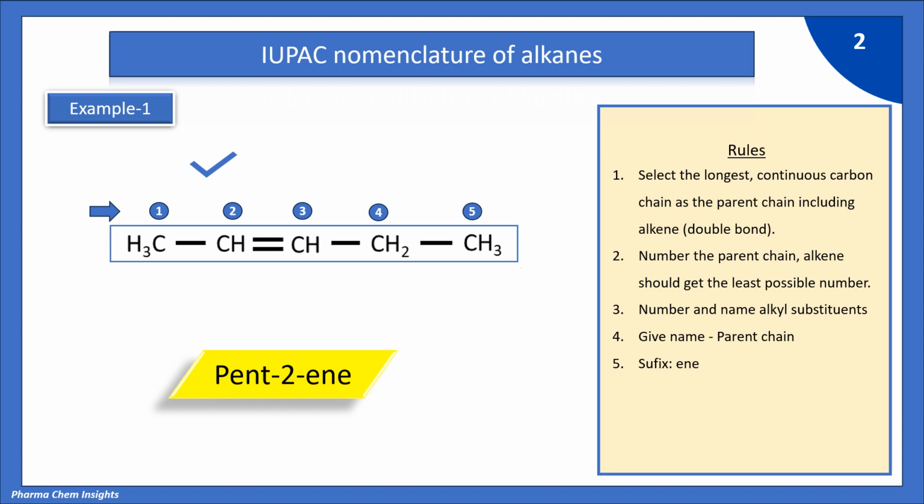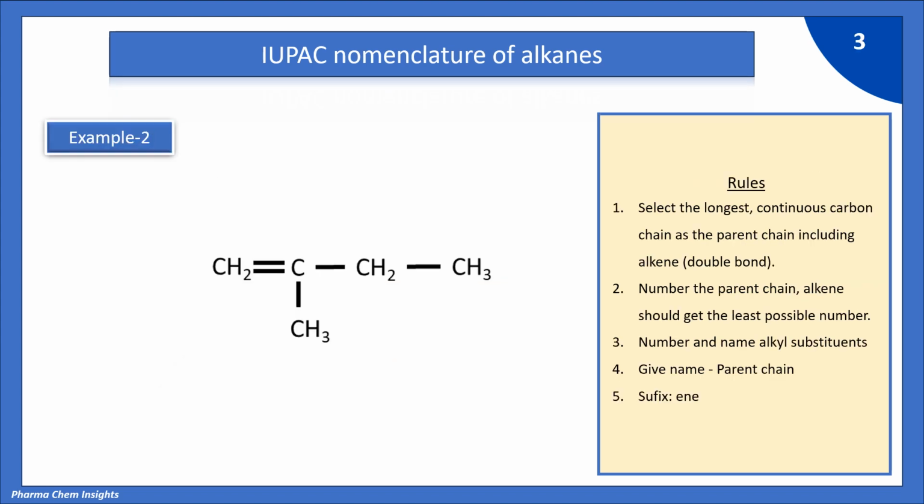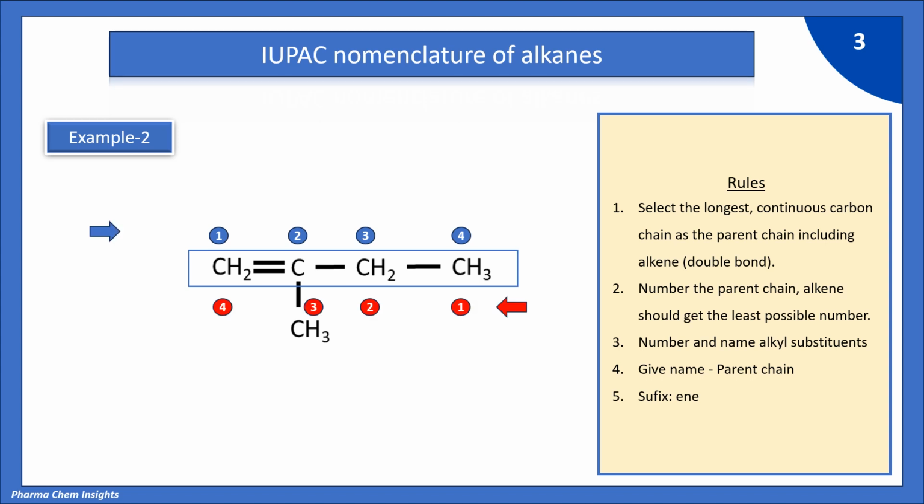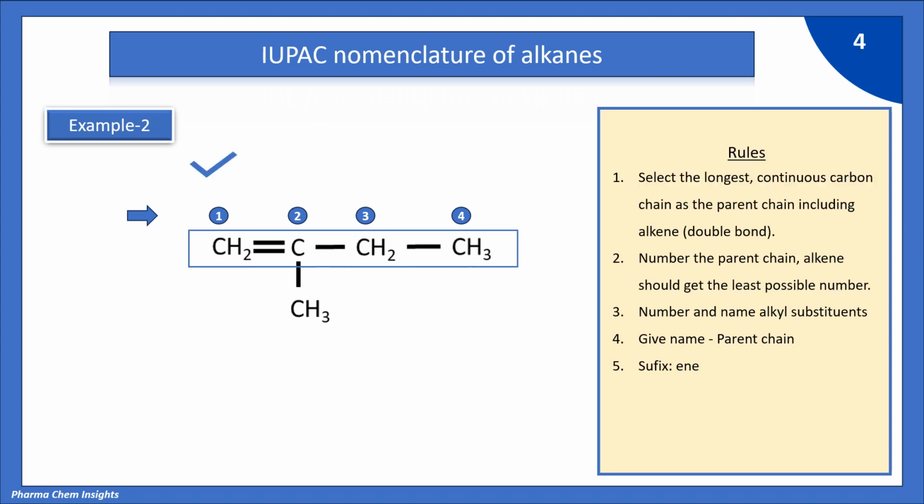Let's go to the next, example 2. Let us select the longest continuous carbon chain, which is this. The number of carbon in this chain is 4, so it is butene. Now let us number. We can number from this end or the other end, but the numbering which is written in blue is correct because the alkene is getting the least number, which is number 1.